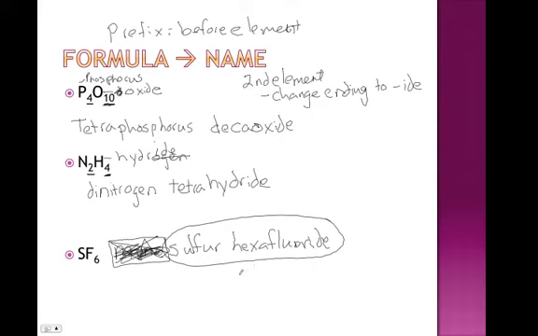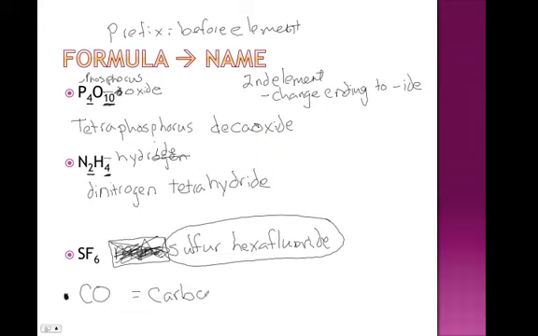So if I'm going to add another example here, CO, well, we have 1 carbon, so it would be monocarbon, right? But no, because it's on the first element. So that is just carbon.